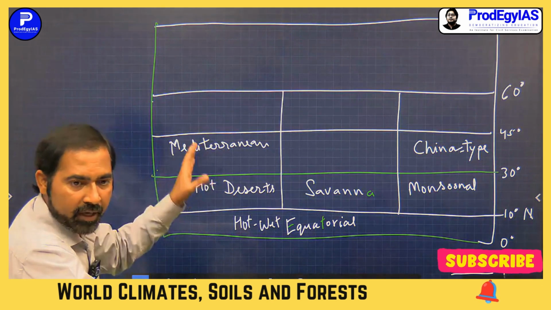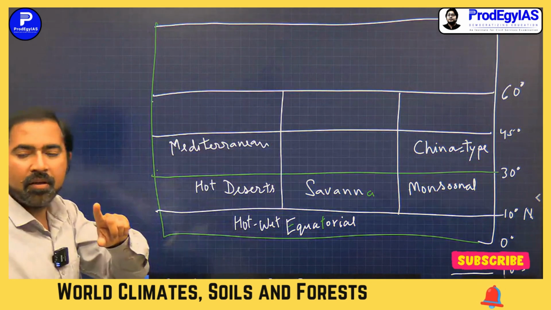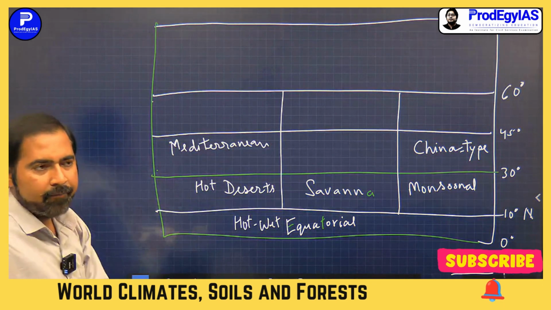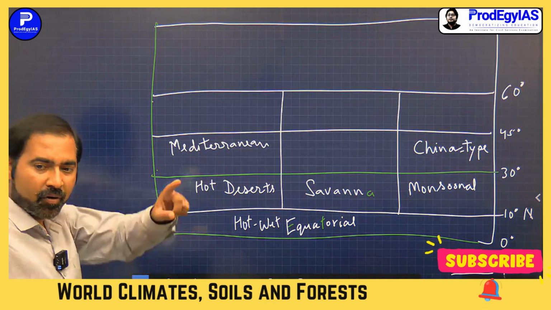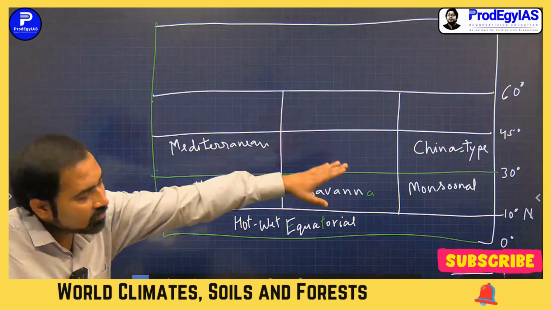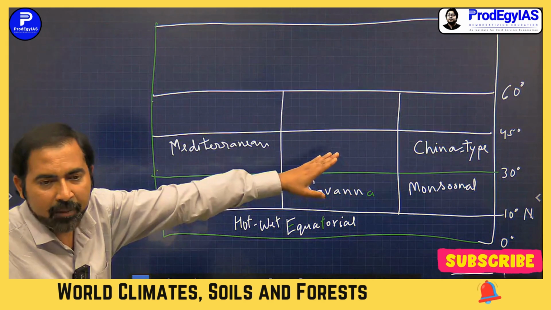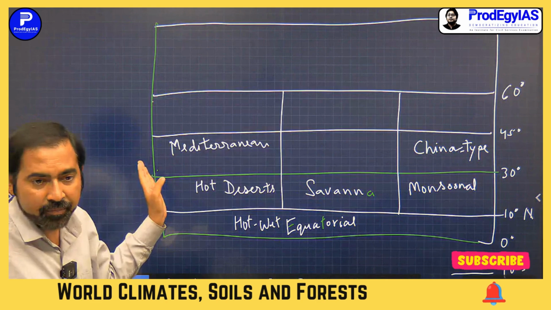Gulf of California and Gulf of Mexico, both are on the same zone. We have also discussed this fact in currents, salinity, those factors. They were on the same zone. So on the eastern side, the climate is called Gulf type. On the western side, the climate is called Mediterranean type.